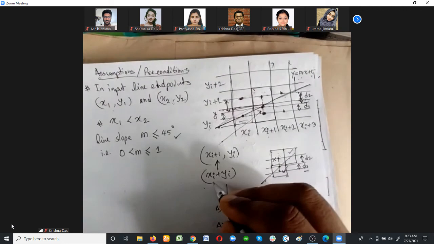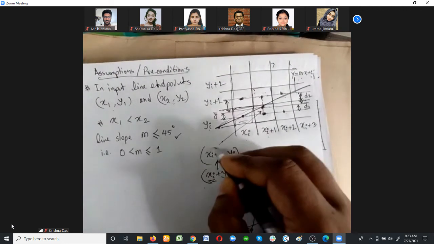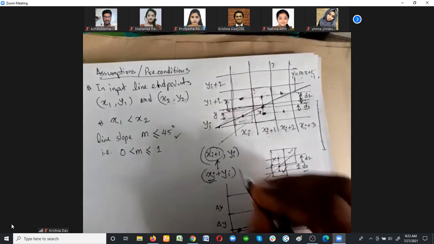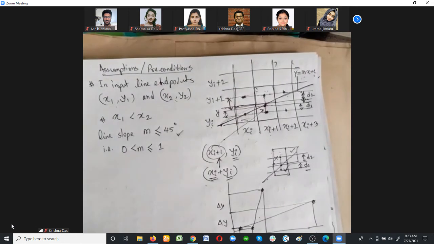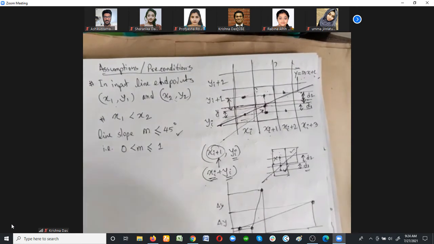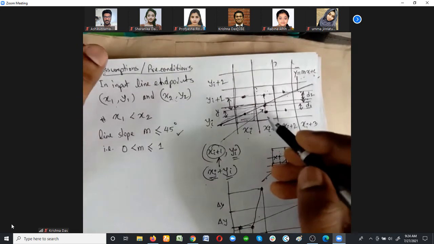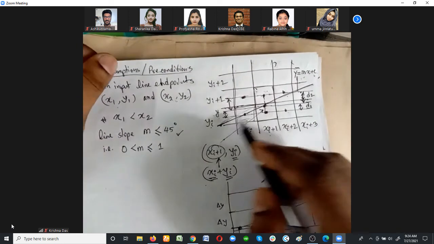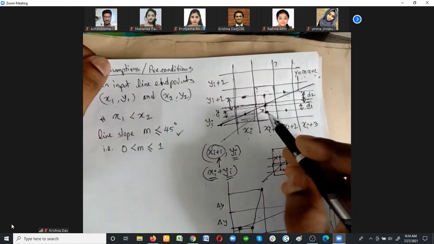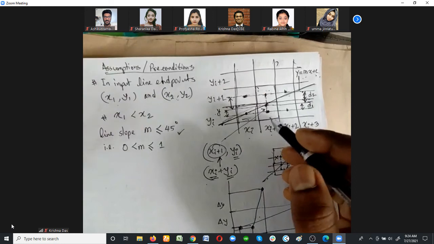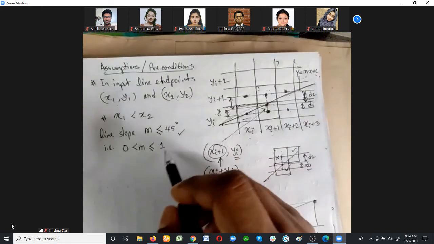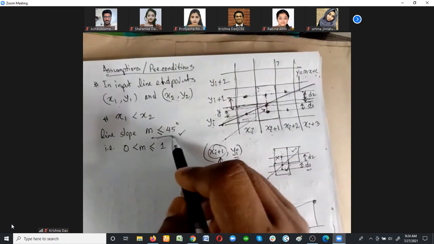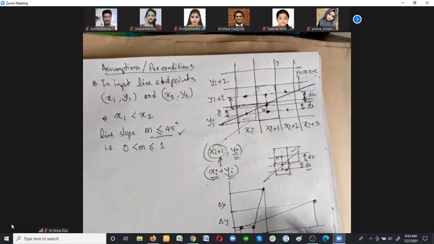Now what happened to the x coordinate? Incremented by 1. But what happened to the y coordinate? Same, so incremented by 0. That is the same one they have considered, because it is at the same level. That is why what we are working on at this moment supports less than 45 degrees, a line more like this one.